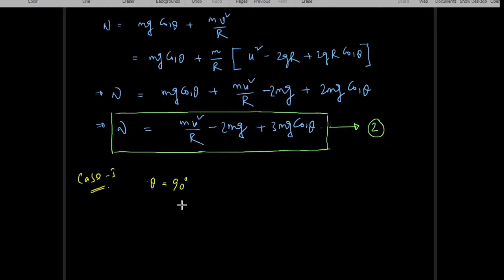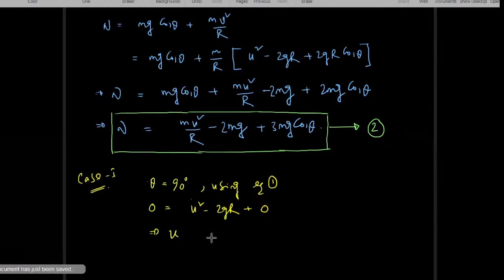So at theta equal to 90 degrees, simply we can write, using equation 1, 0 is equal to u square minus 2gr plus 2gr cos theta, which is also 0.